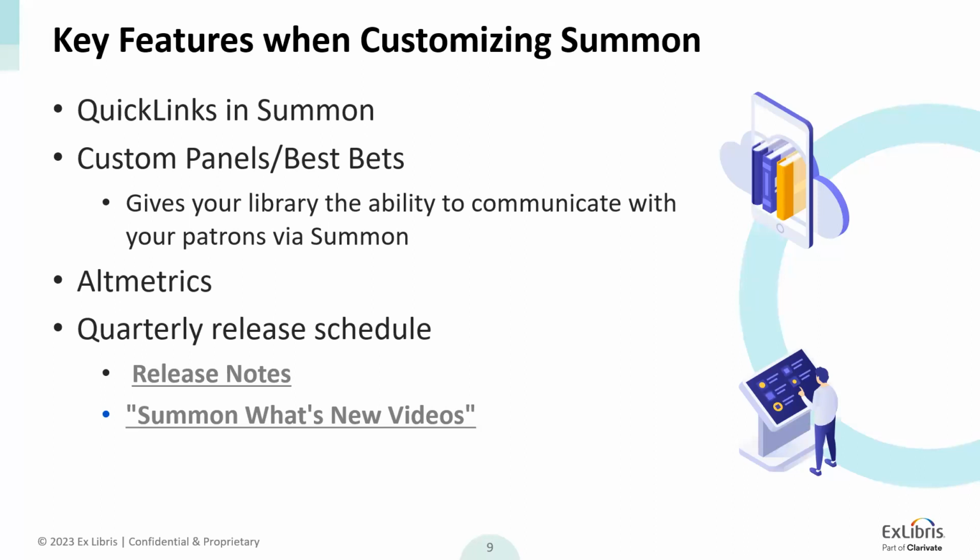Say I'm a student researching current events, and I want to see how climate change is being talked about on Twitter. Altmetrics is one of those really cool tools that's free and fun to use.